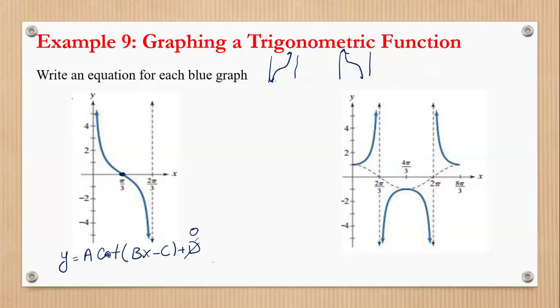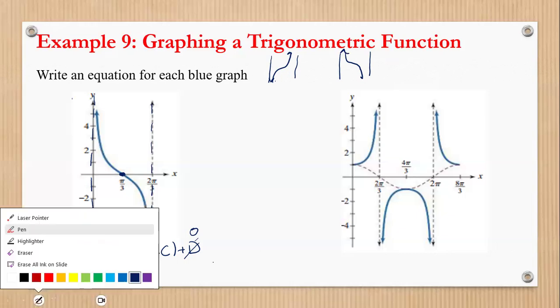To find the B, we need to find the period of the function. When we look at this function, we know that the distance between two asymptotes is always a period of the function. Right now you have two asymptotes, this line and this line, and the distance between them here is 2 pi over 3.